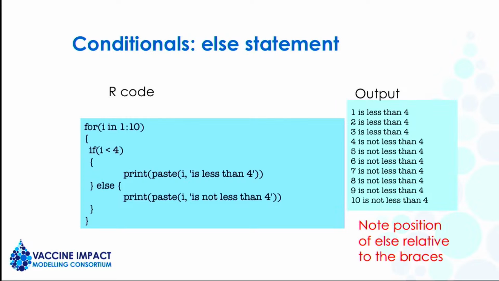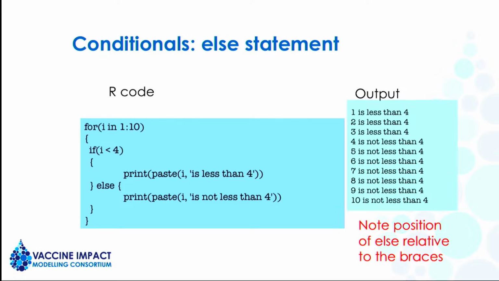If the else appears anywhere other than immediately after a closing curly brace, you'll get a syntax error from R. If you put a line return there, it will say, I've got an else without an if. The parser for R doesn't put them together. I don't know why, it seems mad. I'm sure there's a reason for it, but that's just the way that R works.